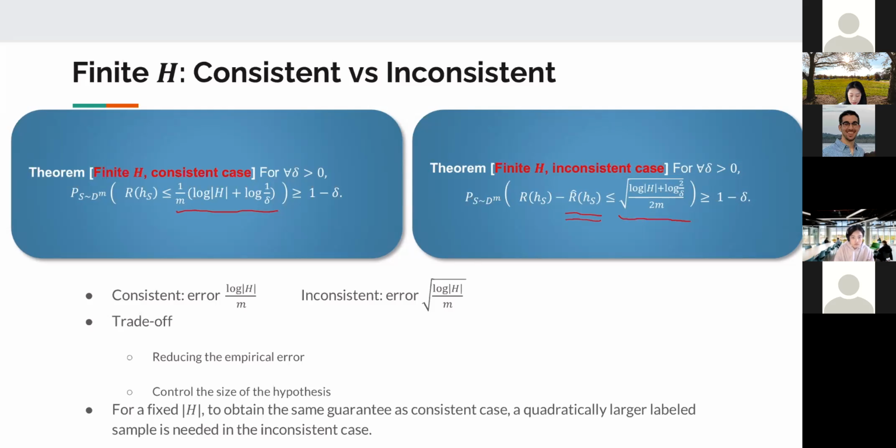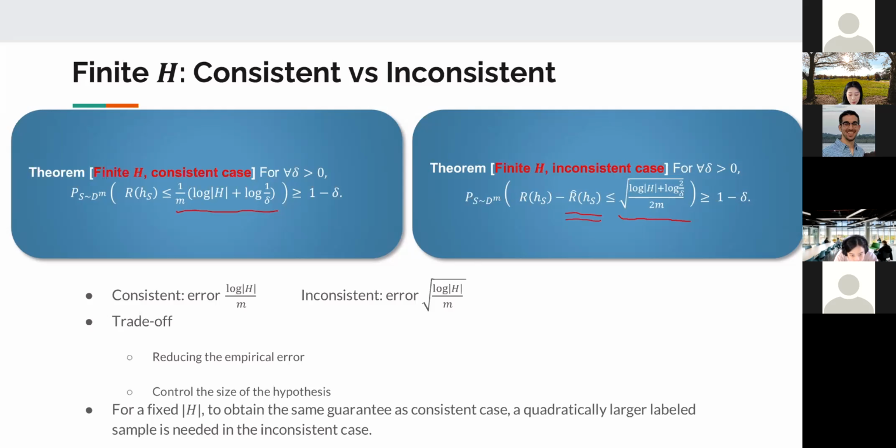This basically means that for a fixed cardinality of H, to obtain the same guarantee as the consistent case, a quadratically larger number of labeled examples is needed in the inconsistent case, just because your algorithm is not as powerful as the one used in the consistent case.